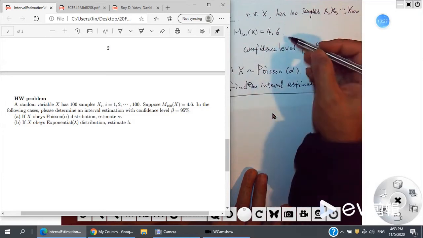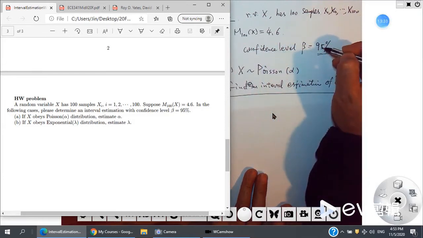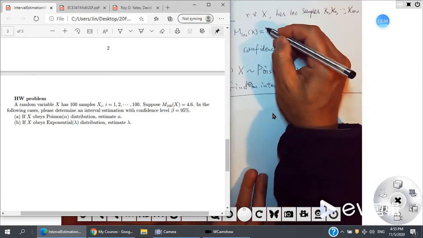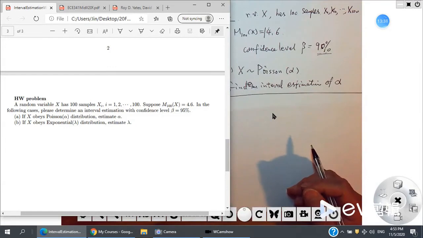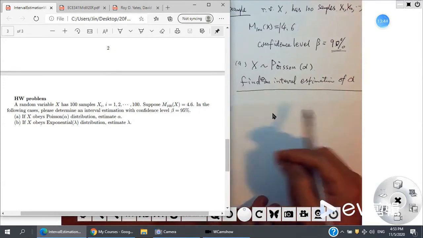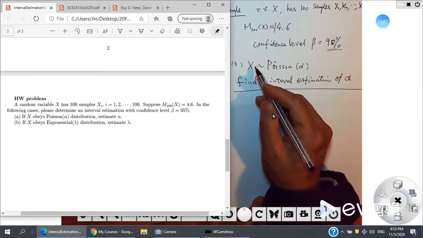This is the problem. I made some changes, like I put this as 90%, and this as 14.6. Some parts are different, not exactly the same as the homework problems. That is the homework problem. You need to work on it after the class. All right, then how to do it?